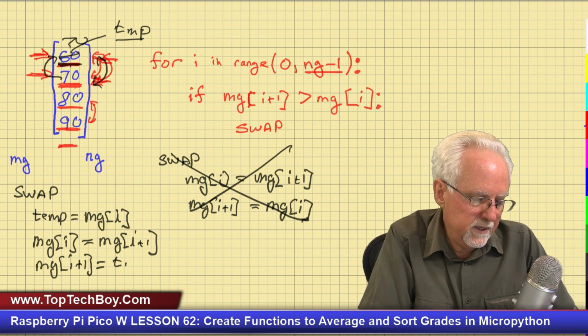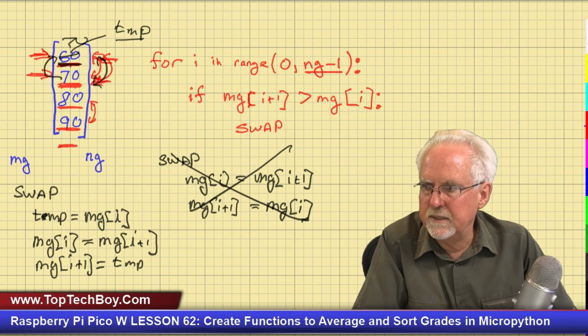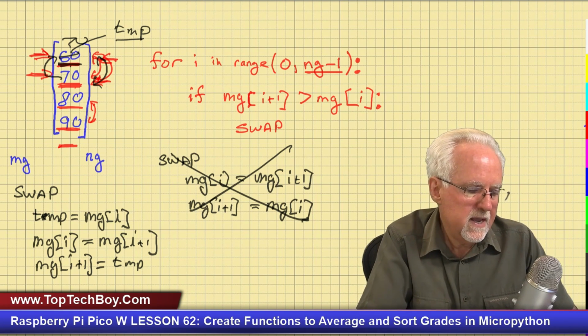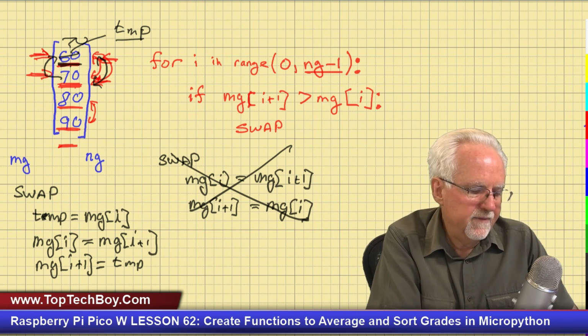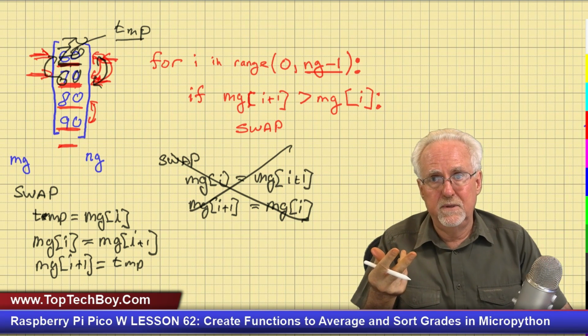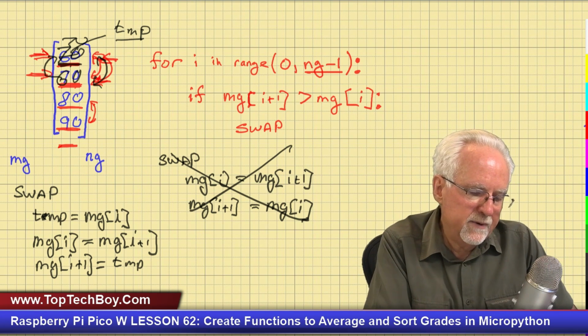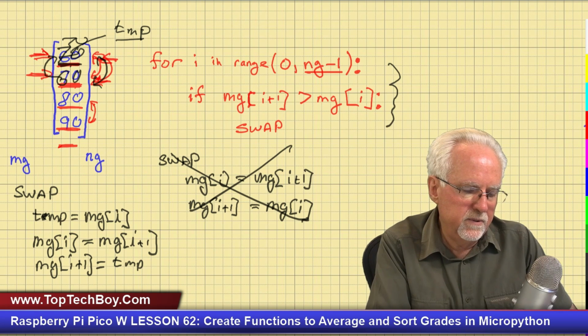We put 60 in TMP. I'll just call it TMP, like that. Does that make sense? Now, what have I done? I've taken the 70 and put it into the 60, and I put the 60 here. So I swapped those two. Then I just continue to loop through.